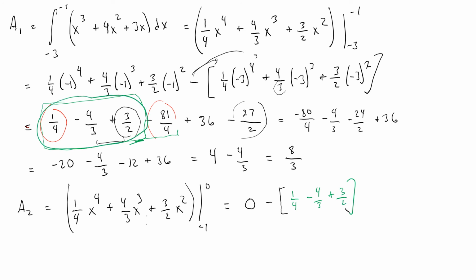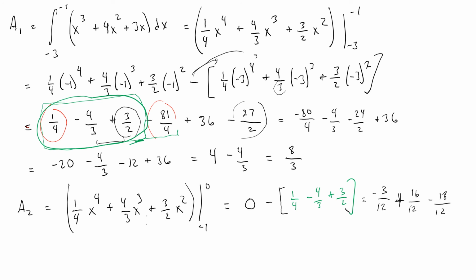And so now I need to evaluate this, so I'm going to get some common denominators. Looks like it'd be 12. So the 1/4, maybe I'll write that as 3/12, plus the negative 4/3 would be negative 16/12, and then 3/2 would be 18/12.